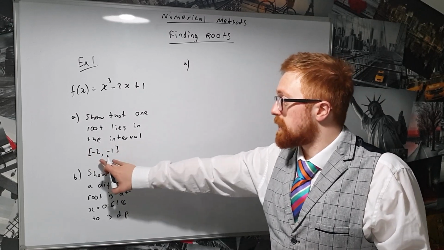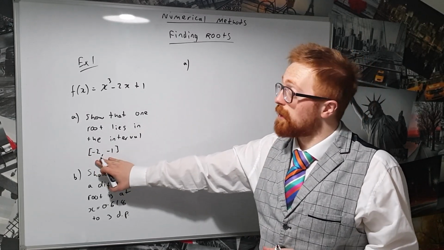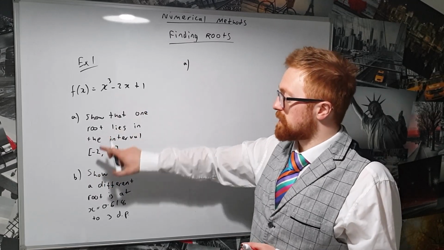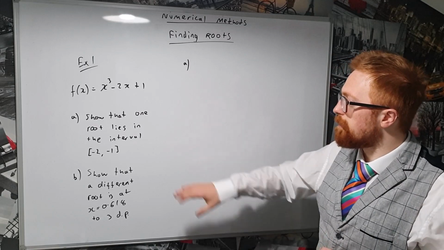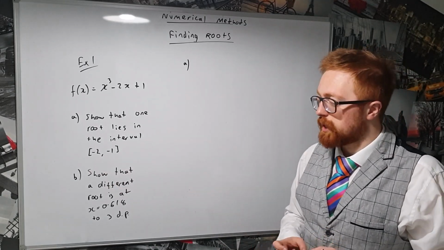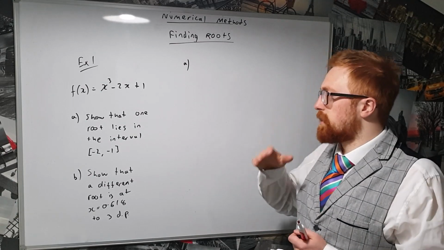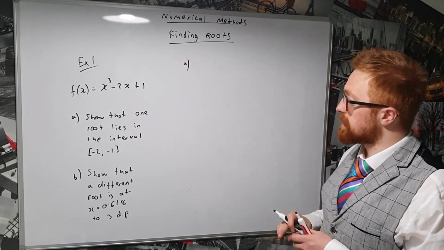The square brackets mean they can equal minus 2 and minus 1, but it's not very likely in this case, because it's likely to be a decimal if they're asking you this question. But we can certainly show this is the case, and remember we need to look for a change of sign, the function going from positive to negative, crossing that x-axis.